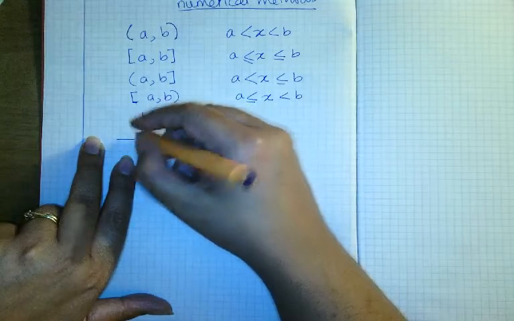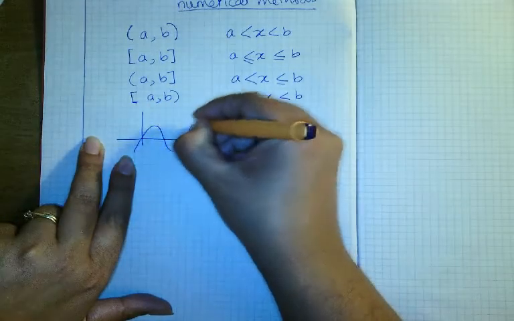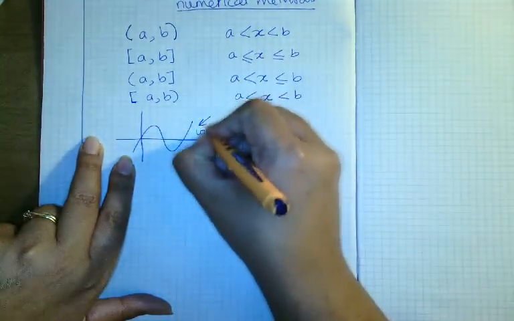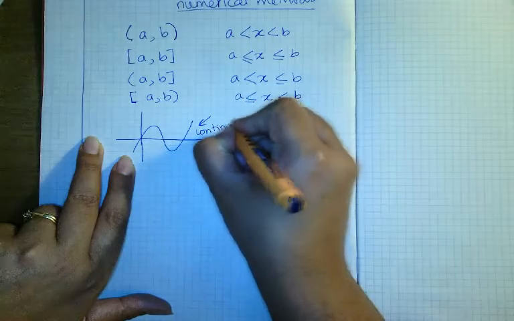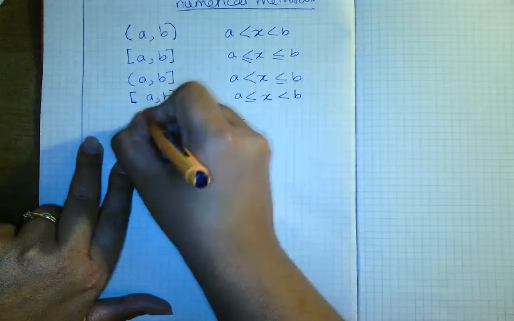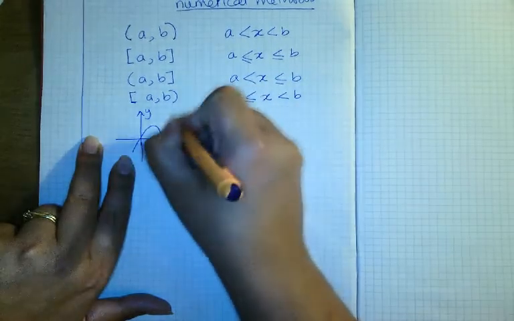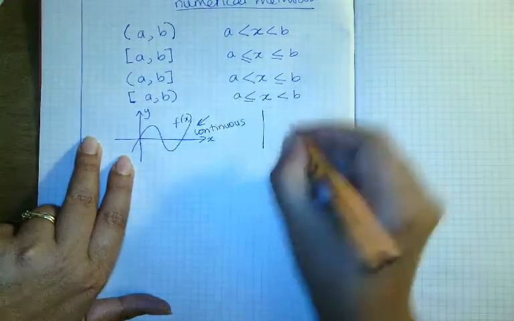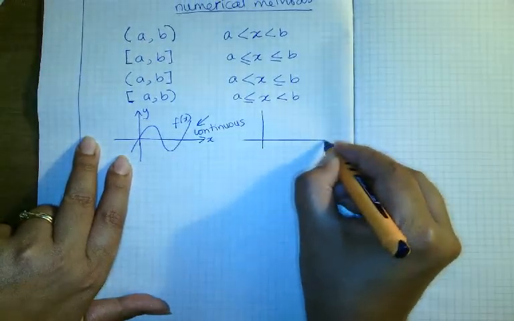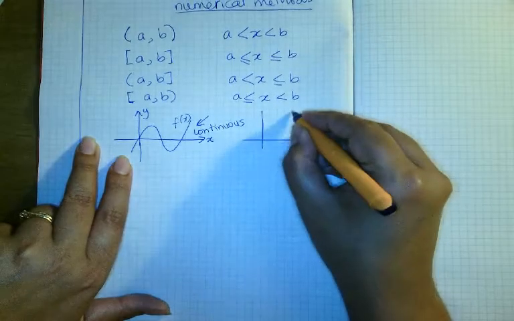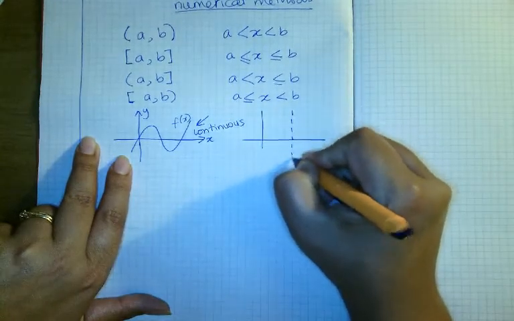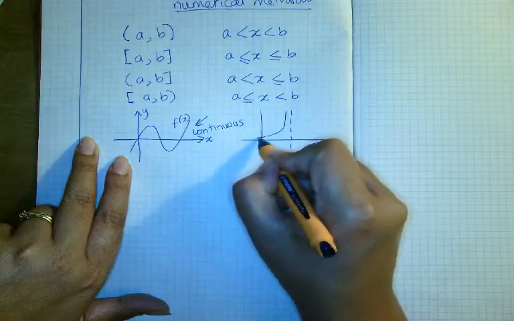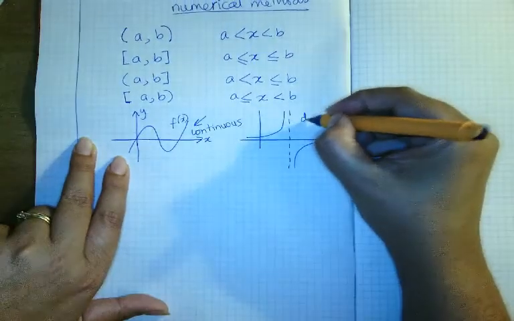For example, if I was to draw a cubic function like this, this is a continuous function. But if I was to have a function which was, let's say, a reciprocal function that looked a little bit like this, then this is a discontinuous function.